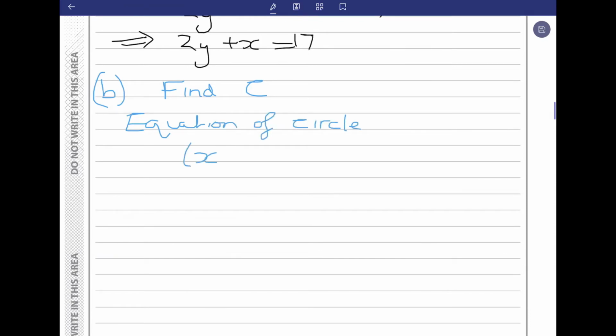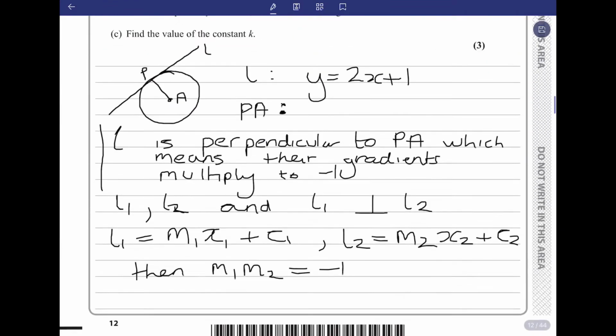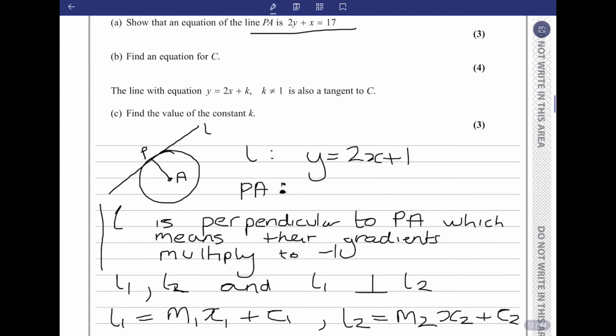So it's x minus a squared plus y minus b squared is r squared, where (a, b) is the centre and r is the radius. Hope all this seems very familiar to you. So, in order to do this, we need to find the radius. We have the centre, so we just need the radius.